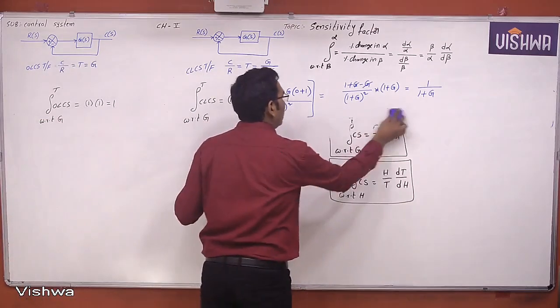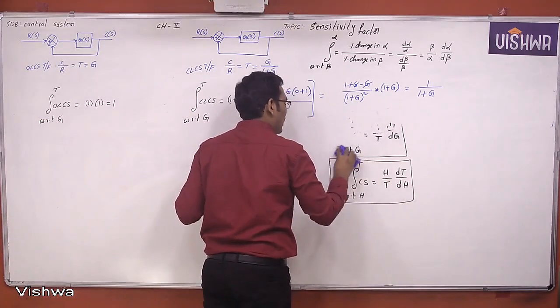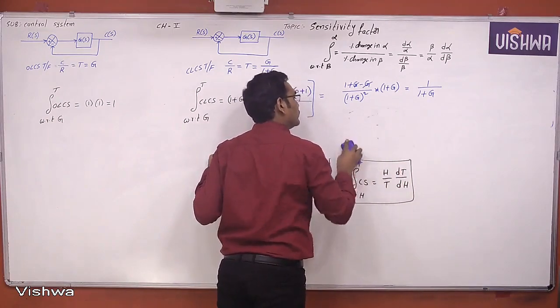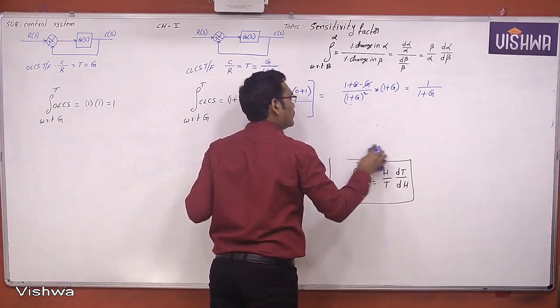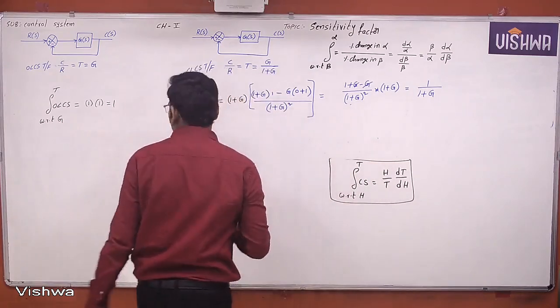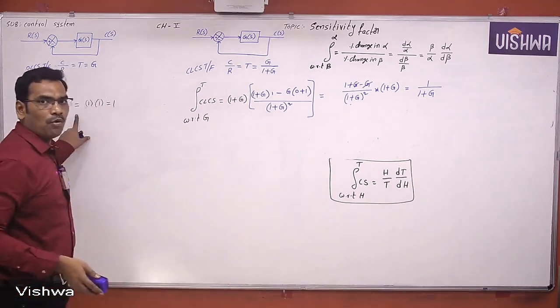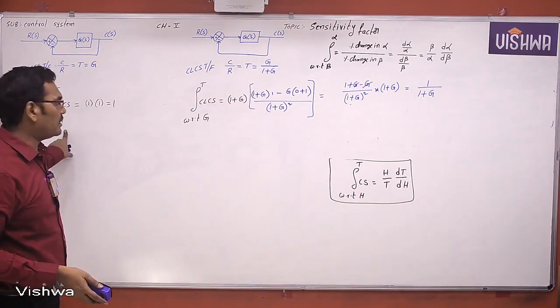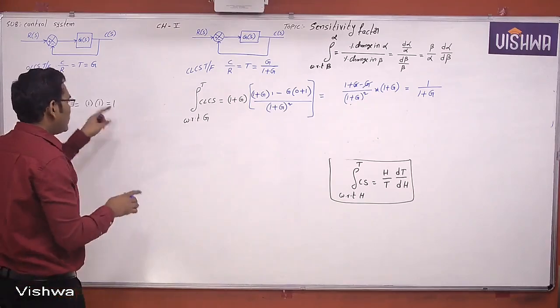Now see these values and draw a conclusion. The sensitivity of the open loop control system transfer function with respect to forward path gain is 1, which is high.